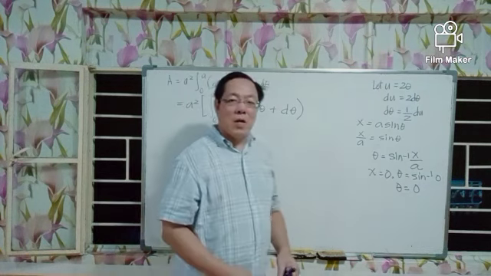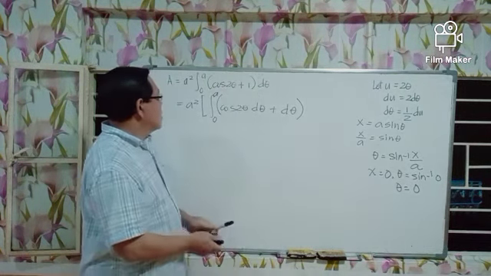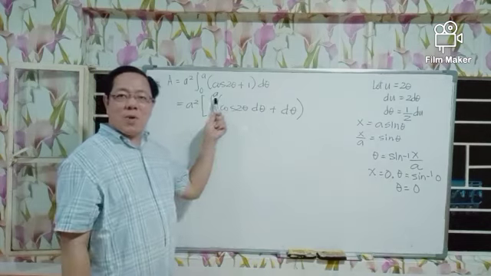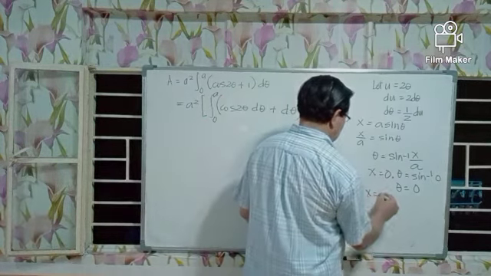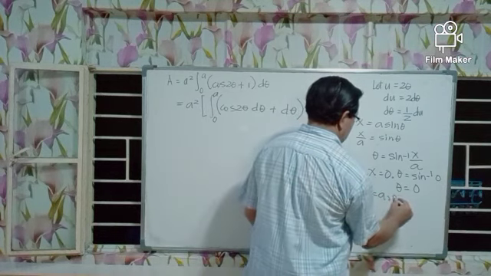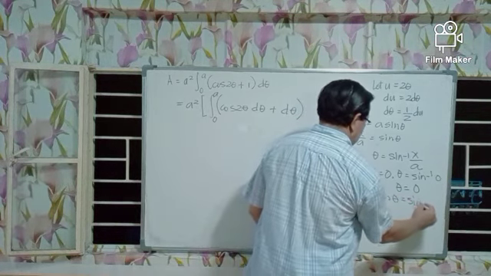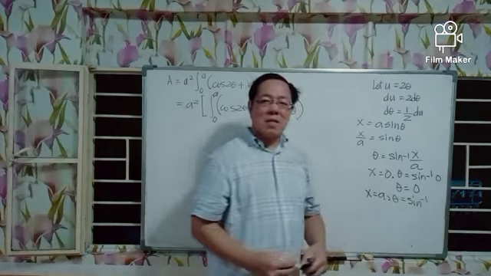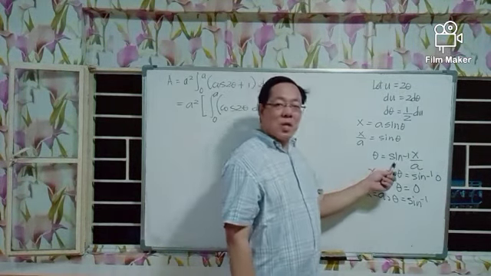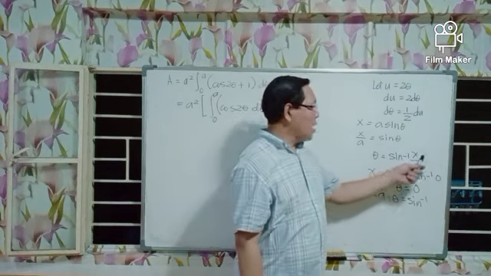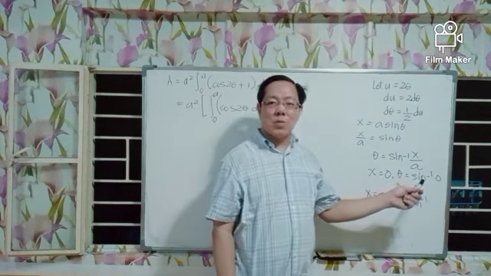Now, we find the value of theta when x is equal to a. When x equals a, theta is equal to inverse sine of a over a, and a over a is 1.